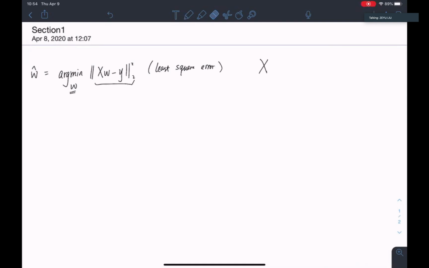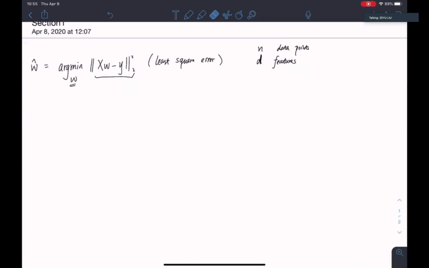Assuming n data points, each data point has D features, including or not including offsets. That's not important for us. You can write it as XW plus B minus Y, but this B is not super important. It will basically follow the same proving procedure as this one. So for simplicity, I will just go through W.